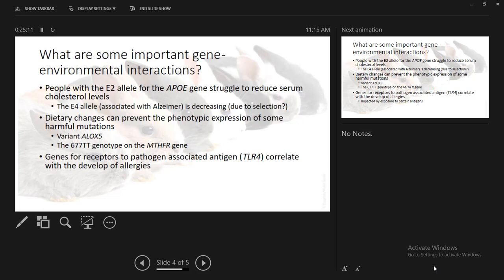This was a pretty interesting one too. It talks about the genes for receptors that we find on white blood cells that are associated with targeting very specific materials on pathogens. For example, TLR4, toll-like receptor 4.